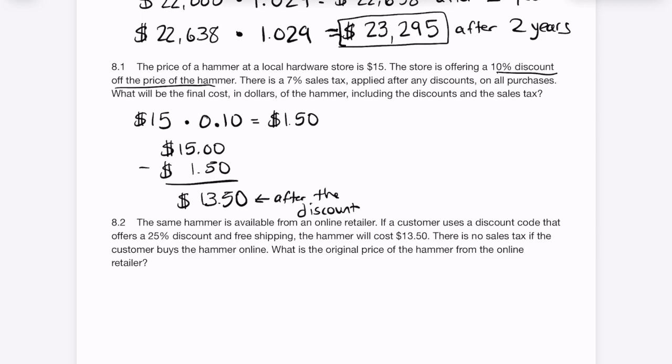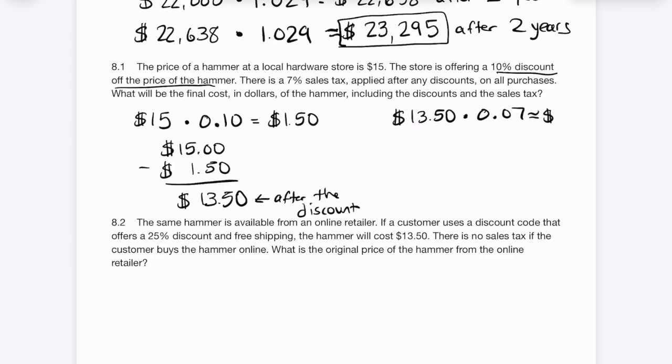Then we have a 7% sales tax applied after any discounts on all purchases. So now my original is $13.50. I want to find 7% of that. 7% is 0.07. Okay, I'm trying to find the new amount, so I'm multiplying. And this is going to be about, sorry, whoops, not $9.